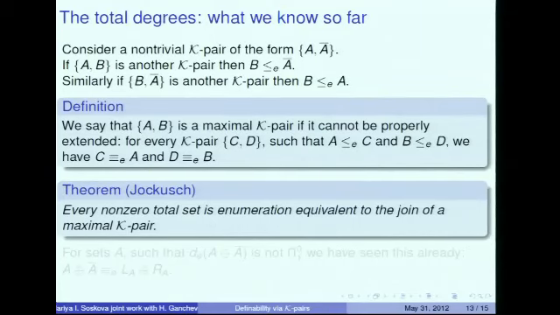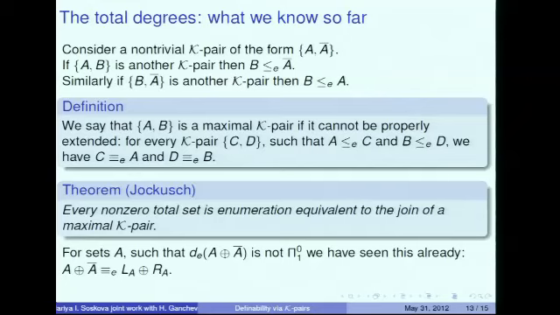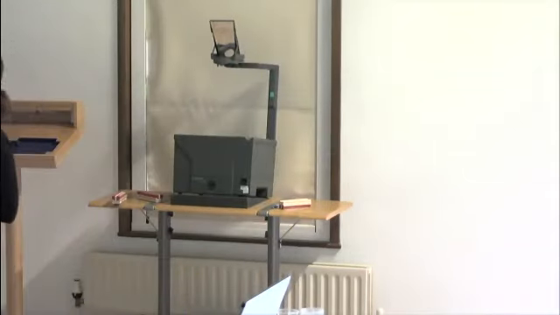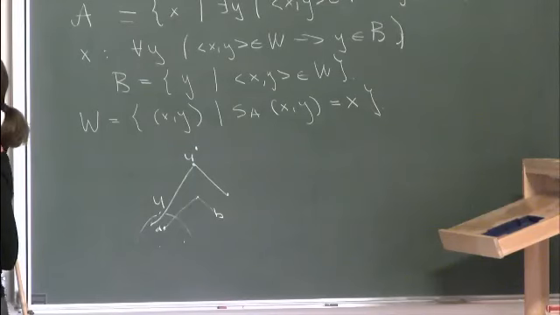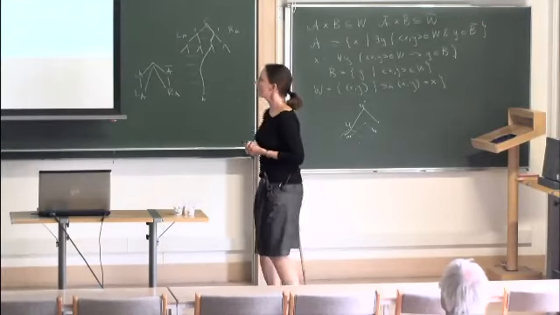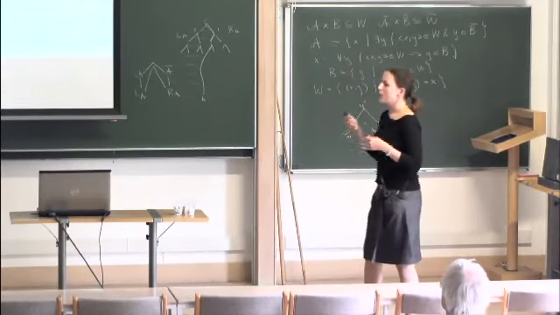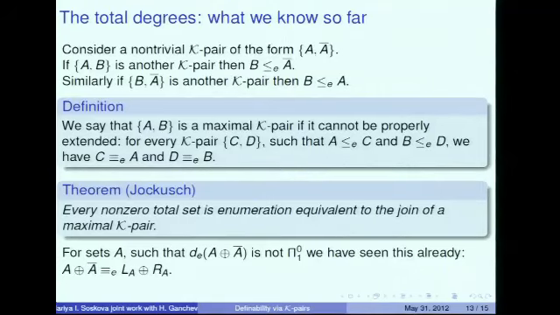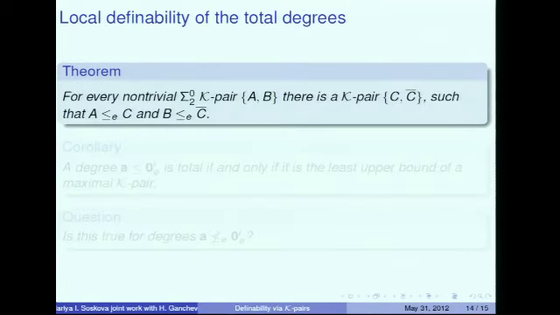Now, for the most part, we saw this already because for sets for which the degree of A joined with the complement of A is not Pi 0 1, then A joined with the complement of A is the join of this maximal k-pair. Jockusch proves that this is true also for, in his setting, the CE Turing degrees, in our setting, the Pi 1 enumeration degrees. Okay, in the local structure, we were able to show that the opposite is true as well.